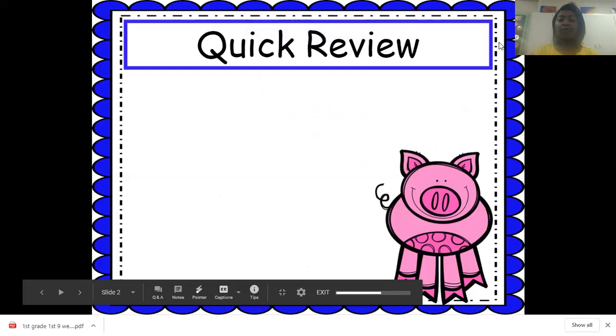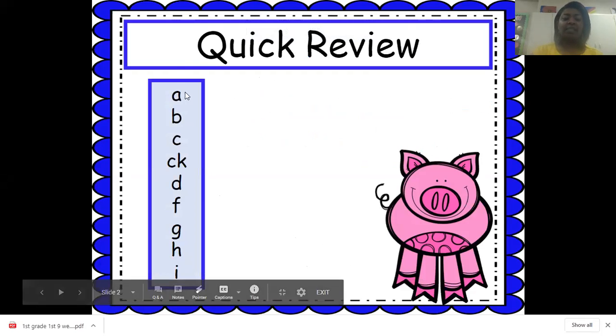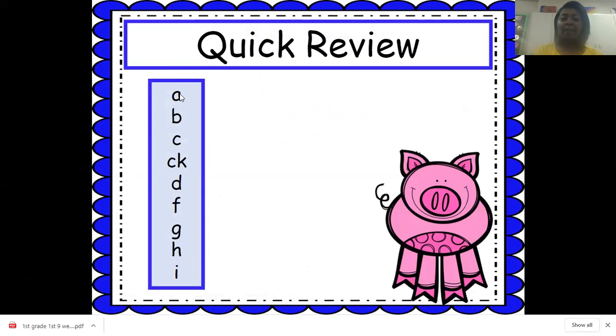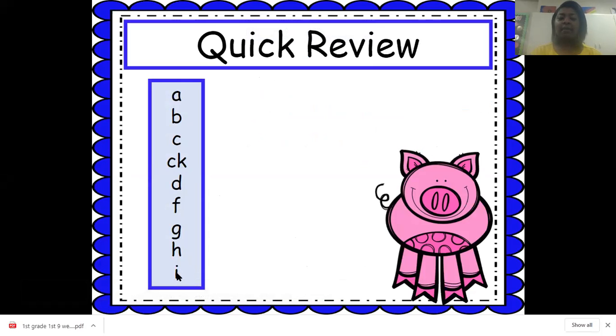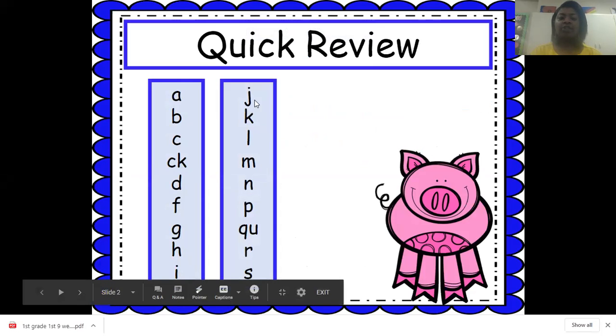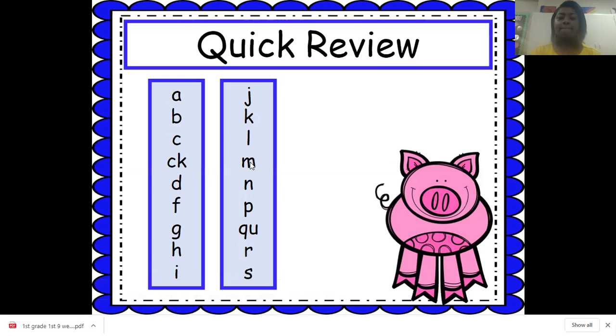And let's do our quick review of our sounds. This is the letter A. It says A, and we know that A is a vowel. B. K. CK says K. D. F. G. H. I. J. K. L. M. N. P. Qu.